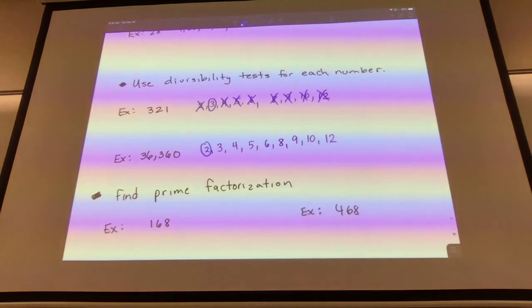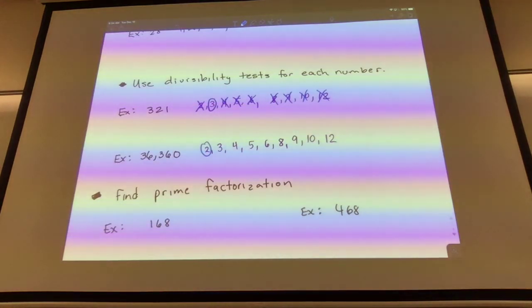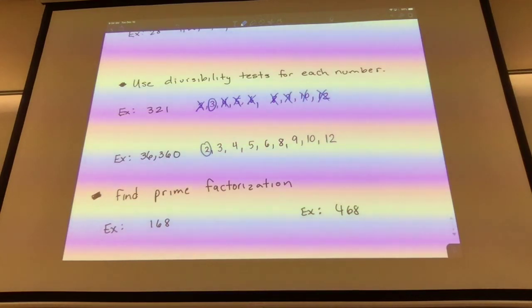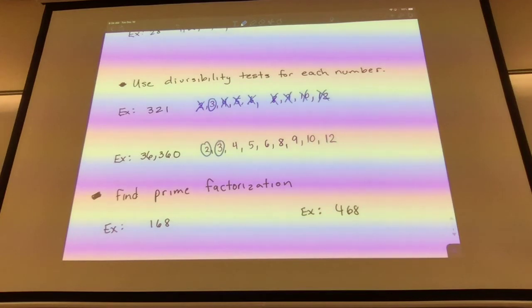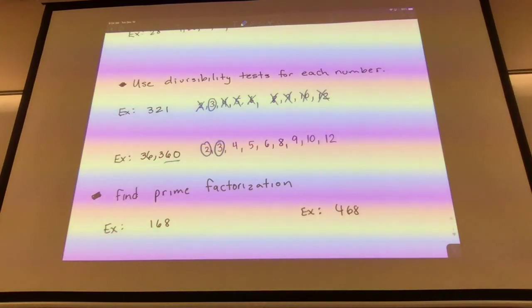For 3, we need to add those up. 3 plus 6 plus 3 plus 6. What's that add to? 18. And does 18 divide by 3? Yes, so divisible by 3. Good. For the divisibility rule for 4, you look at the last 2 digits, which is 60, and see if that divides by 4.